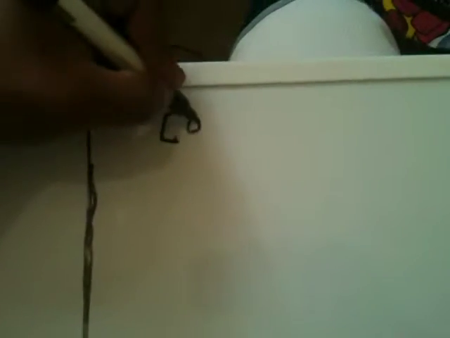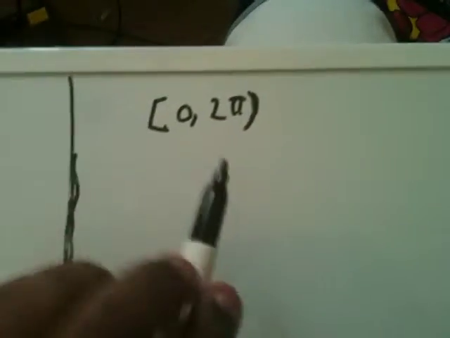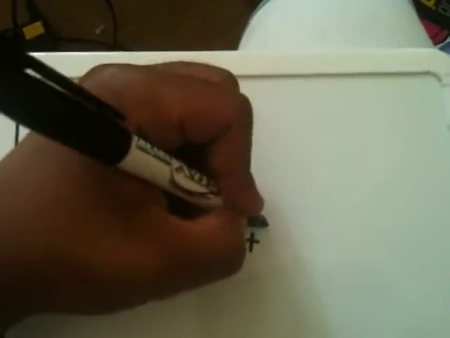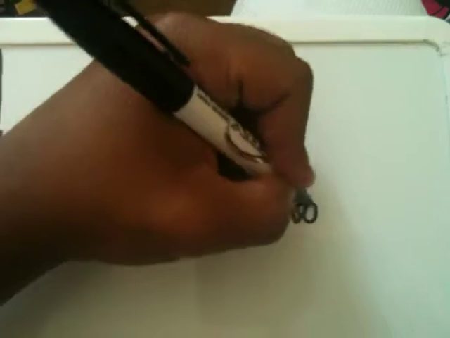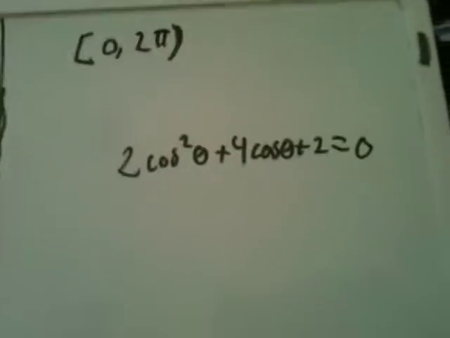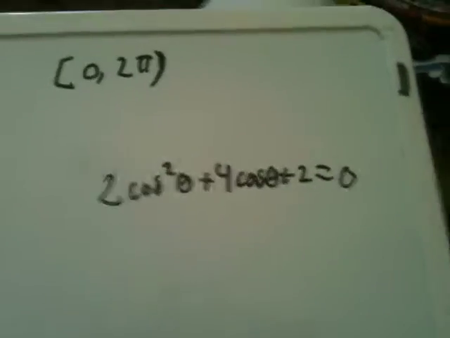You'll usually be working in the interval from 0 to 2 pi, meaning everything between here, including 0 but not including 2 pi. So an example of a trigonometric equation would be, I don't know, 2 cosine squared of theta plus 4 cosine of theta plus 2 equals 0. And what we want to do is solve this for all possible values of theta that fall under that interval.